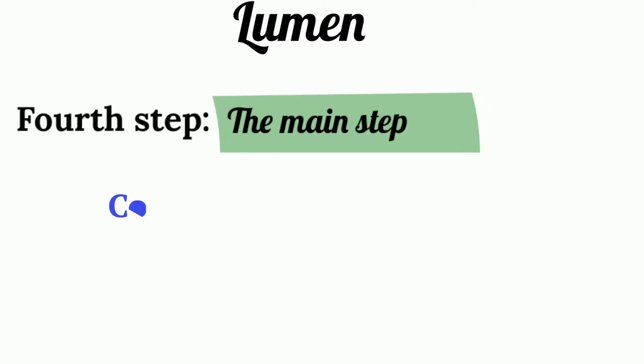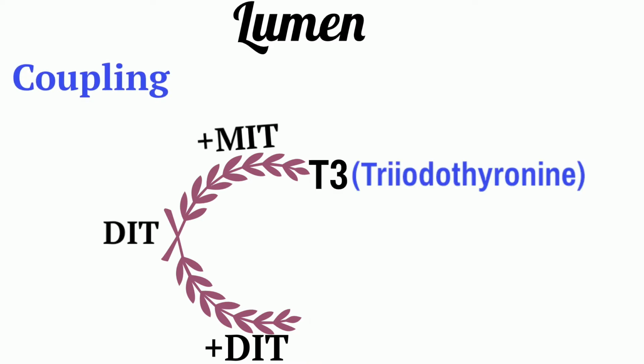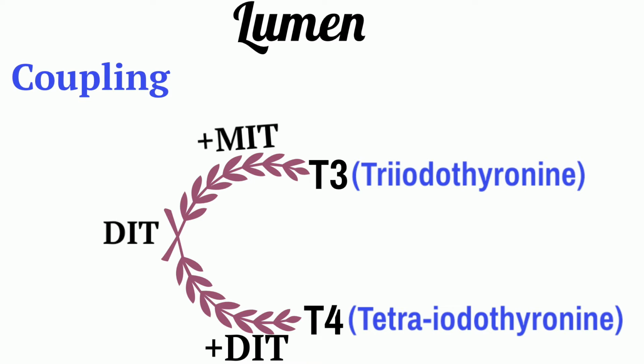Now the fourth step is the main step. It is coupling. The main step is coupling of the DIT with MIT or another DIT, that is a diiodothyronine with a monoiodothyronine or another diiodothyronine, to form T3 triiodothyronine and T4 tetraiodothyronine respectively, and this process is also catalyzed by the thyroperoxidase enzyme.